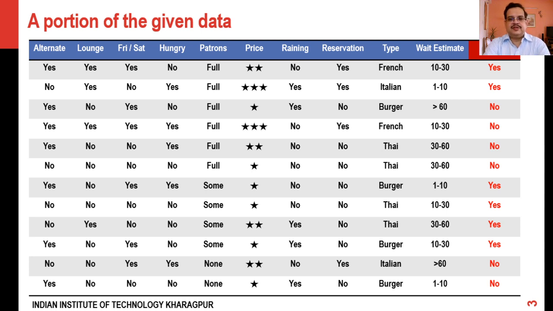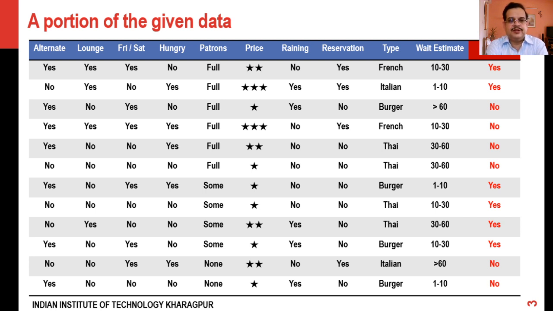So if you look at this table, you see that for those attributes there are many different combinations, and corresponding to that, the decisions are there. Now it may also happen that for the same combination you get sometimes yes and sometimes no. We are going to come to that later on. But as you can see, there are a lot of varieties, and consequently we also need a significant amount of data to make any meaningful estimate of what actually influences the decision.